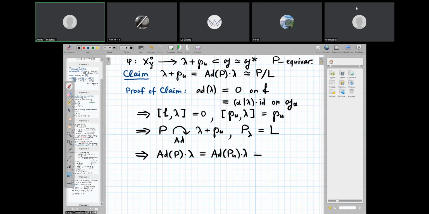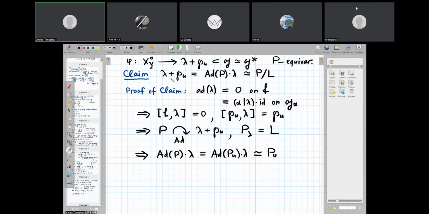And this adjoint orbit is isomorphic to Pu. Since the stabilizer is L, we directly deduce that the orbit is isomorphic to the quotient space. You may say like this, that the orbit is isomorphic to the quotient. This is exactly this statement.